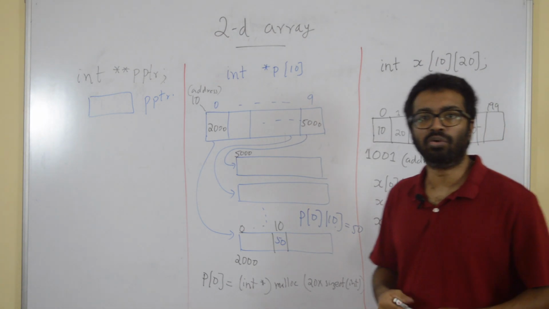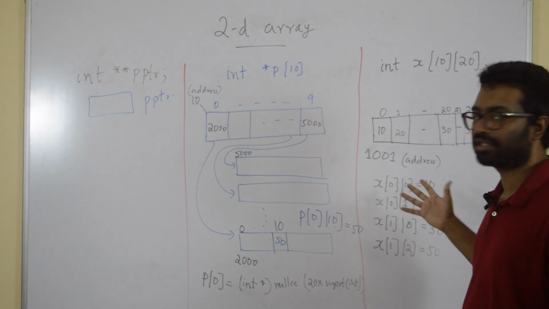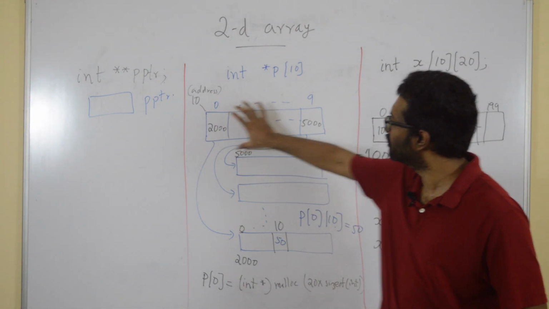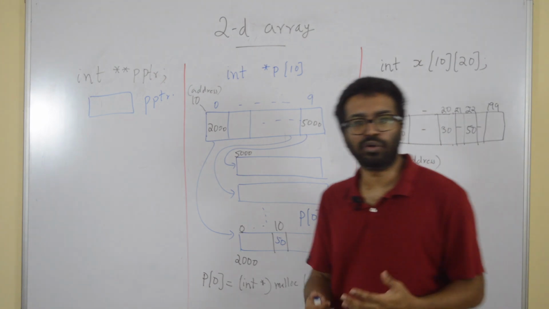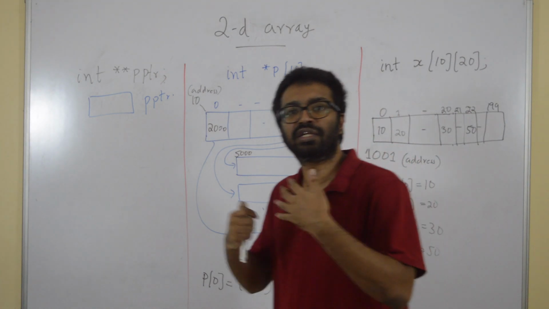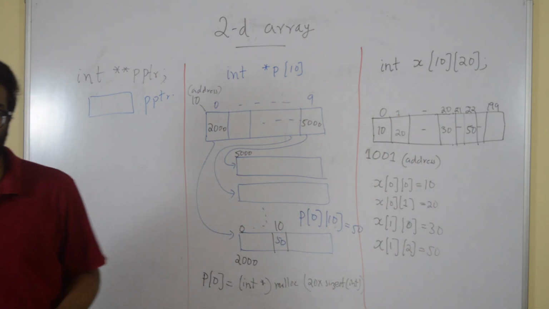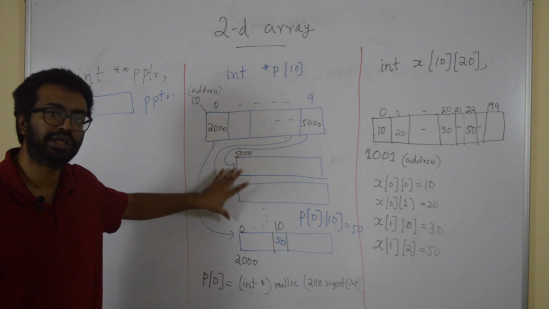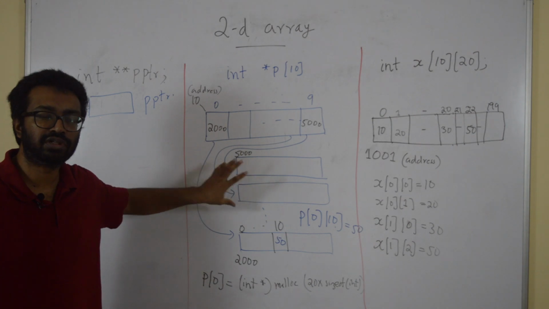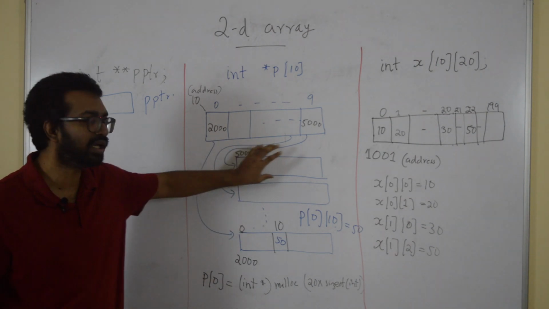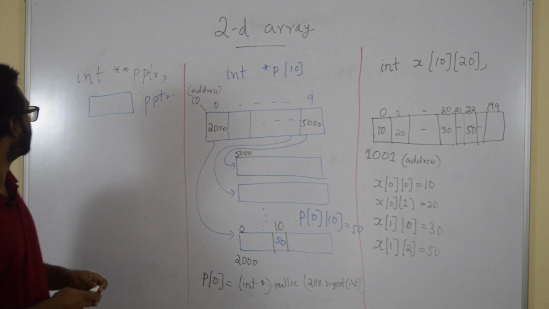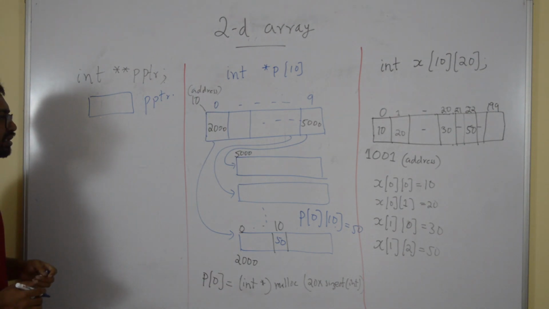So how do I now create a two-dimensional structure out of this? To create a two-dimensional structure, first I have to allocate this row. I have to allocate memory to store integer pointers. So that's the first thing I have to do, right? Now each of those locations will then be looking at this bigger 20-dimensional array.